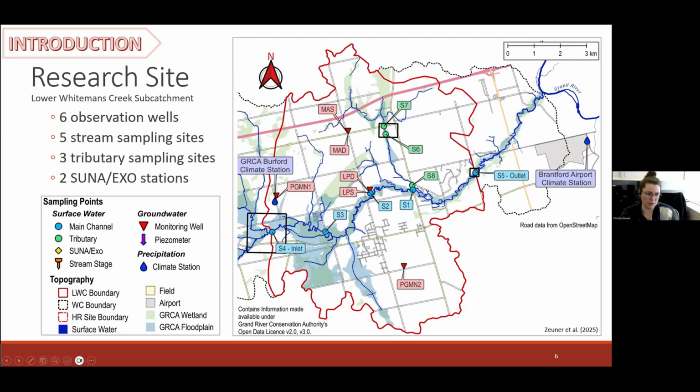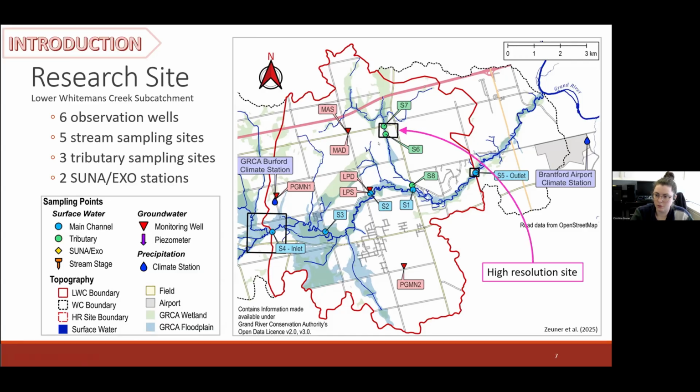We have 5 surface sampling sites along the main creek, this is Whiteman's Creek, and then also 3 surface water sampling sites down a specific tributary right here. This is called Landon's Creek. I don't have a specific picture for it, but I should mention that the Lower Whiteman's Creek is part of the Norfolk Sandplain, which is characterized by sandy soil and a shallow water table.